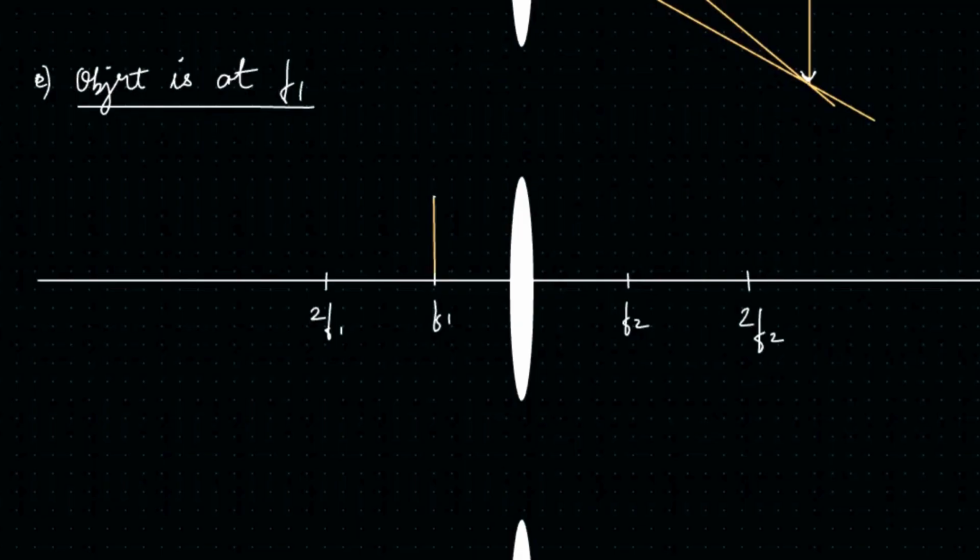again we will draw the ray diagram where the ray parallel to the principal axis will pass through the focus. We'll extend the ray.